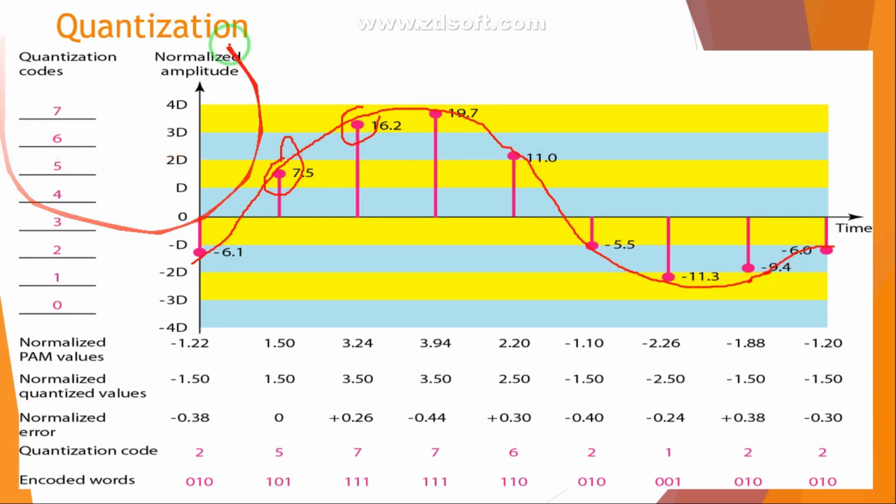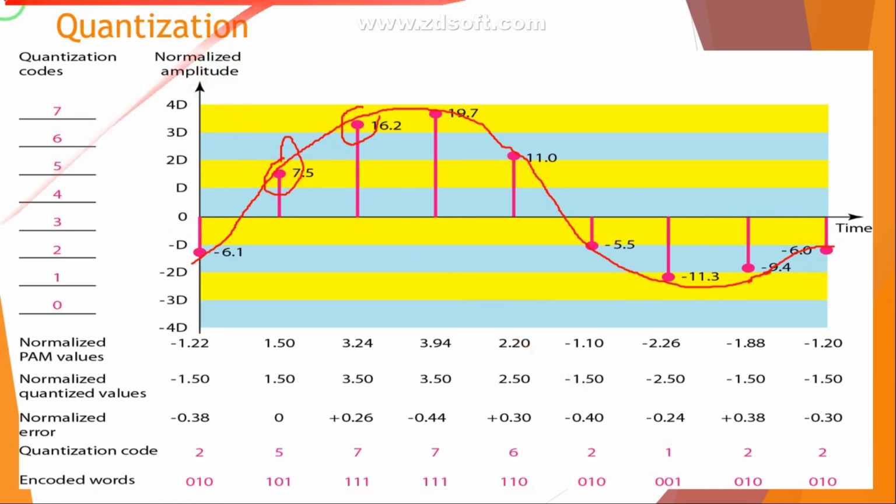You can see the quantization level has 8 levels, that is 0 to 7. This sample value, the circled one, has a value equal to minus 1.22.